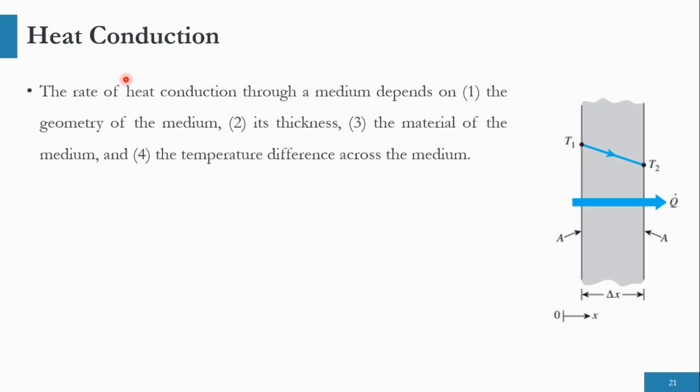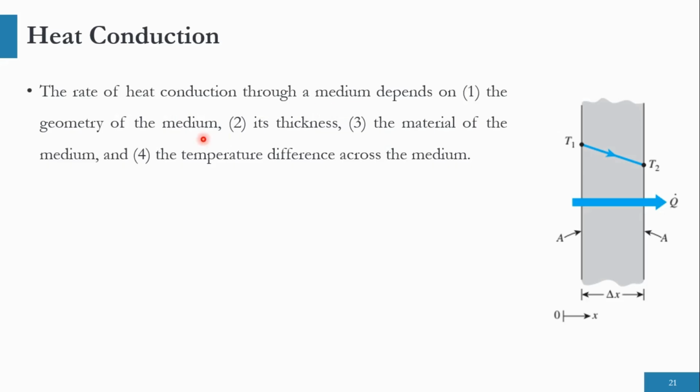So the rate of heat conduction through a medium: let's assume that this is a medium of thickness delta X. At this point, the temperature is T1, and at this point, the temperature is T2, and the heat is transferring from this point T1 to this point T2, while the total area of this block is represented as A. So the rate of heat conduction through a medium depends on various factors.